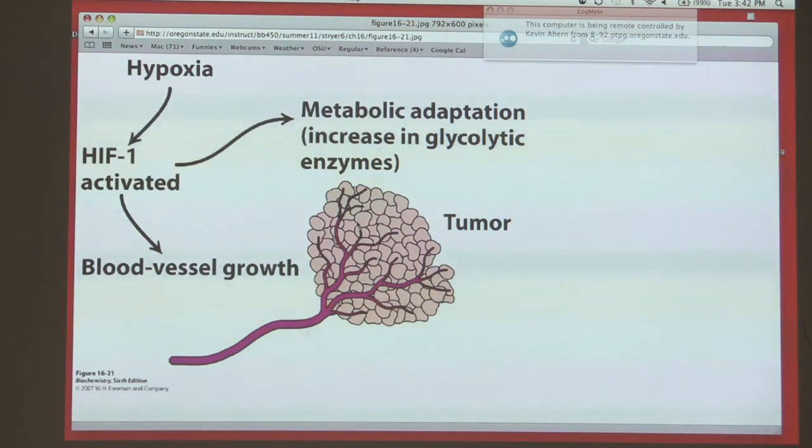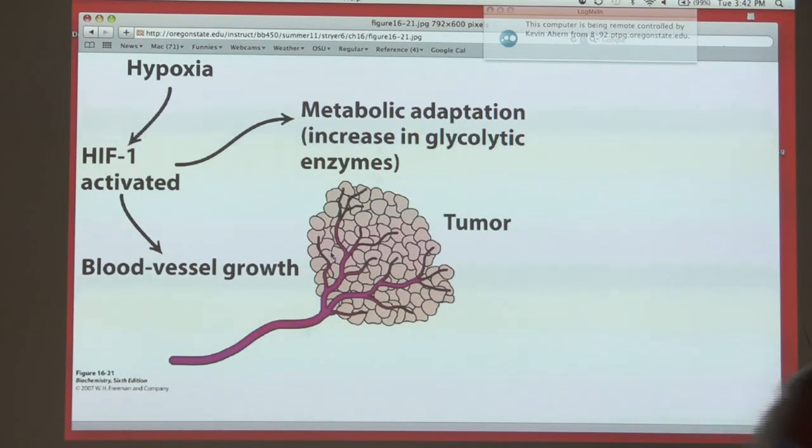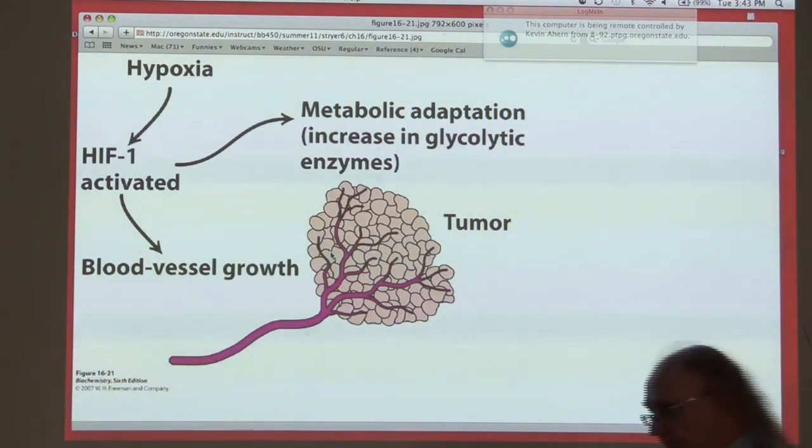So tumors are, as you know, large masses of relatively undifferentiated cells. They are growing, in many cases, out of control. And because they don't have controls on them, they are generally metabolizing things faster than non-cancerous cells are.